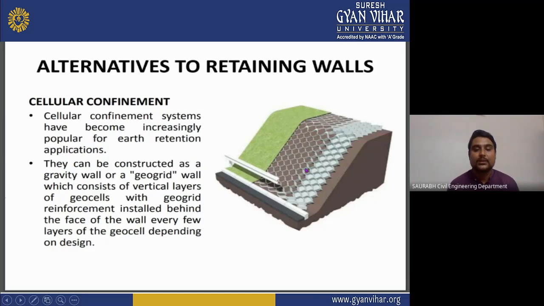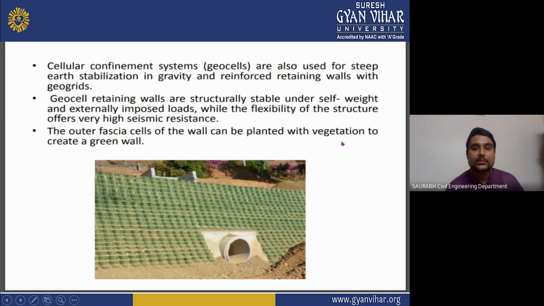Here, reinforcements are installed behind the face of the wall, with very few layers of geocells depending on the design. As you can see here, this is the image of the alternative, which is known as cellular confinement of the retaining wall. And this is also used for steep earth stabilization in gravity and reinforced retaining walls with geogrids. Geocell retaining walls are structurally stable under their own load.